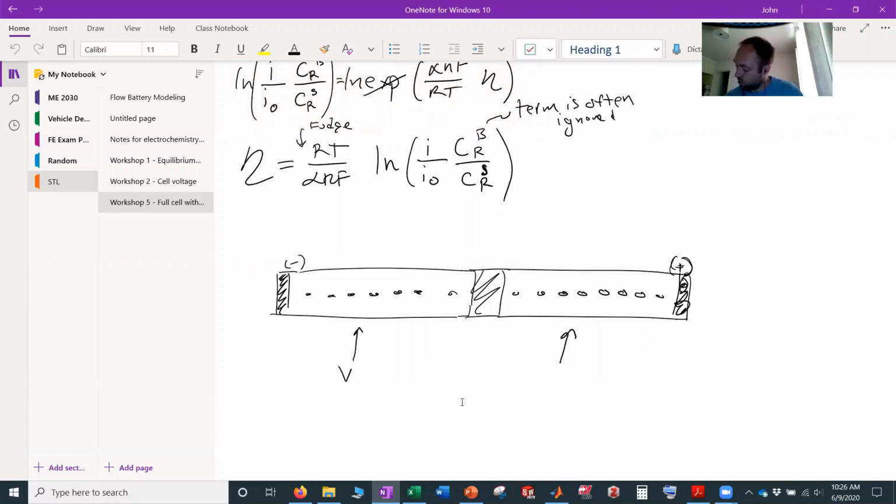But in our flow battery, you actually might have some velocity coming in. And so you might have some velocity related potentially to some incoming concentration. And we'll look at this node, for example. Then if you multiply that by the area, so that's dx over the height, the thickness.